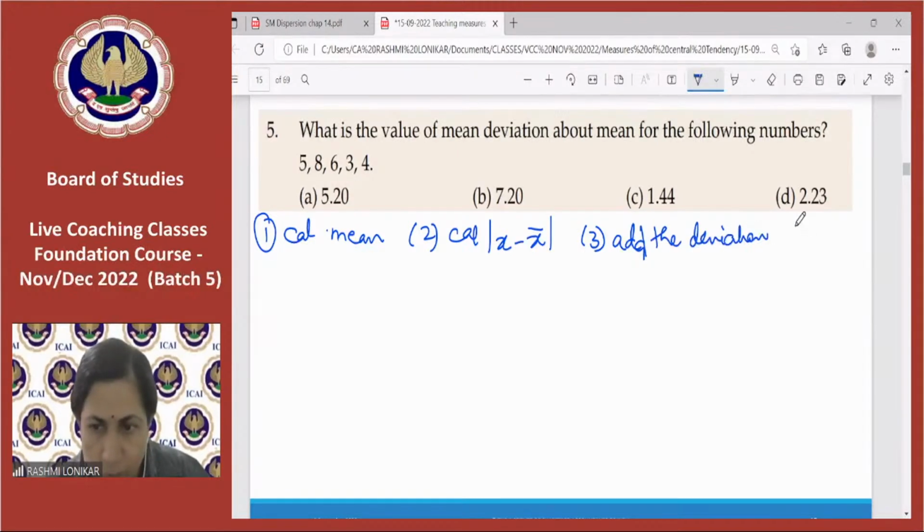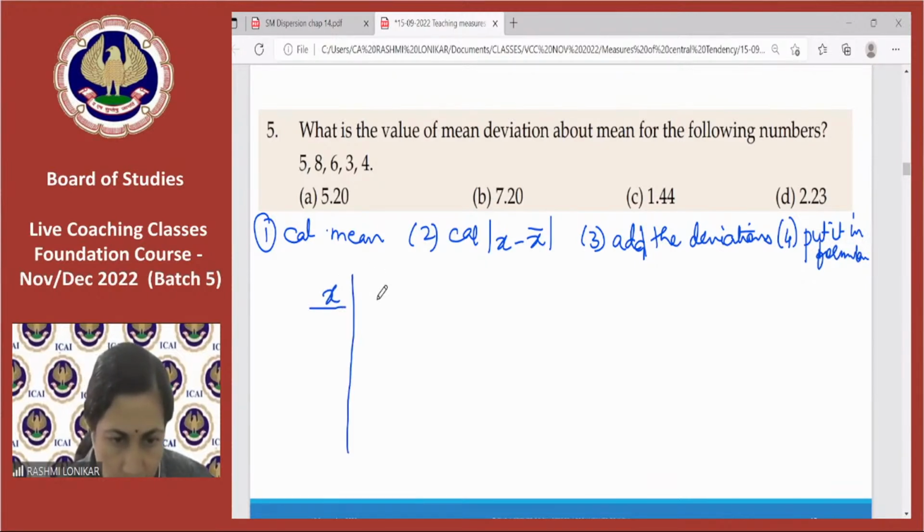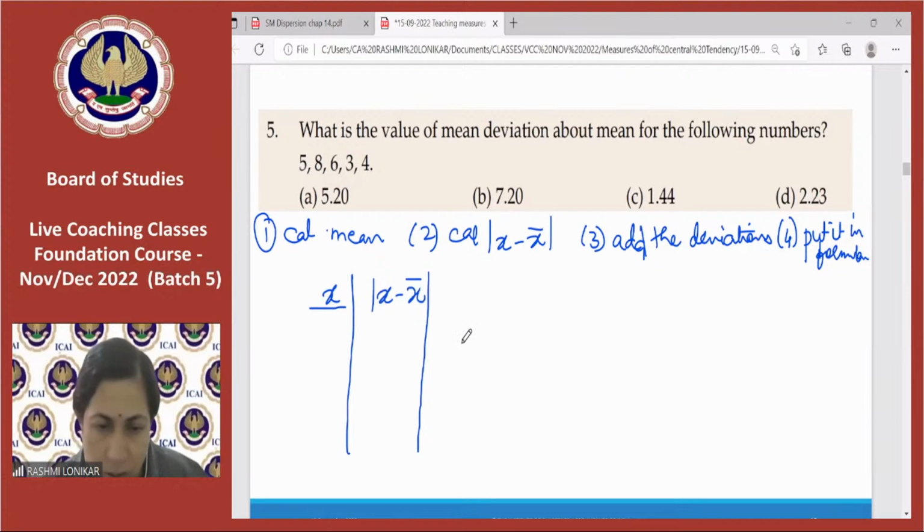And fourth step will be put it in the formula. Okay. So I have the numbers x, then I have mod of x minus x bar.